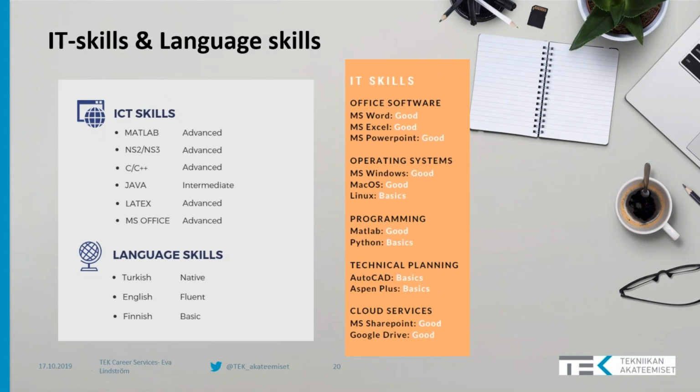Then it's easier to read and understand, and get an overview of all the skills you have. Especially our members might have a lot of IT skills, and this helps to get a quick look at what kind of skills this person has. And same here, add the level of your skill.